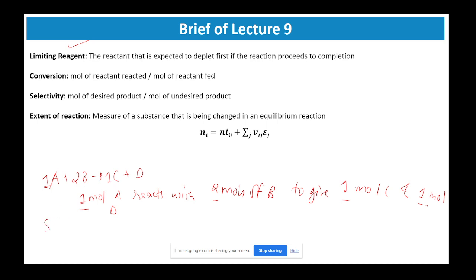They are also called stoichiometric coefficients.